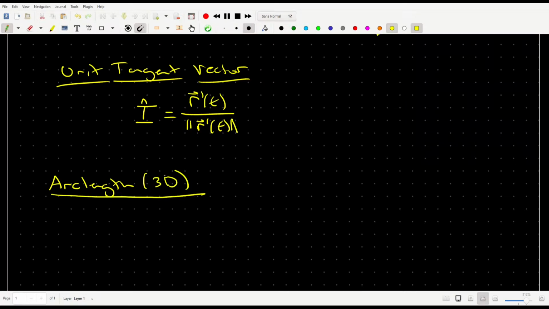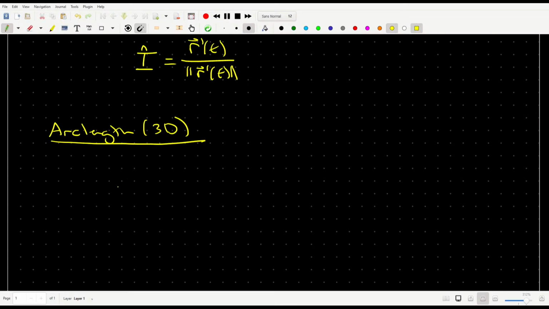Where we have this very nice formula that is s of t, the arc length at some value of the parameter t will always be the integral from, say, some t naught on the curve up to t of the magnitude of r prime of tau, the magnitude of this derivative, d tau.